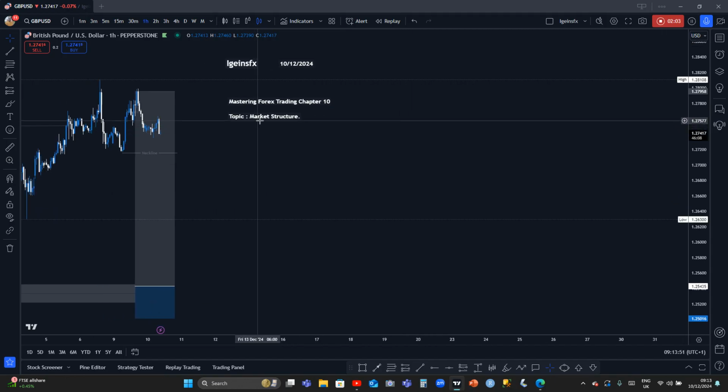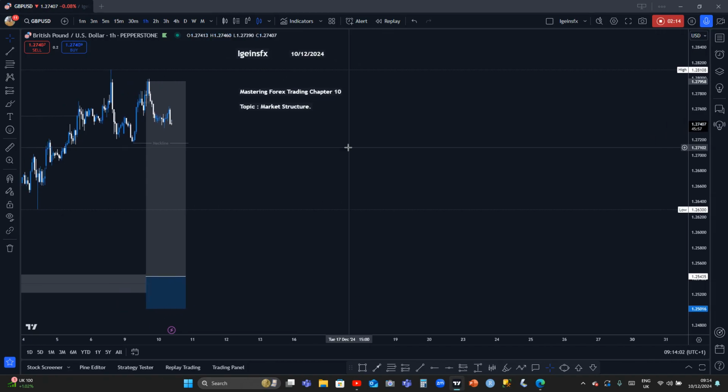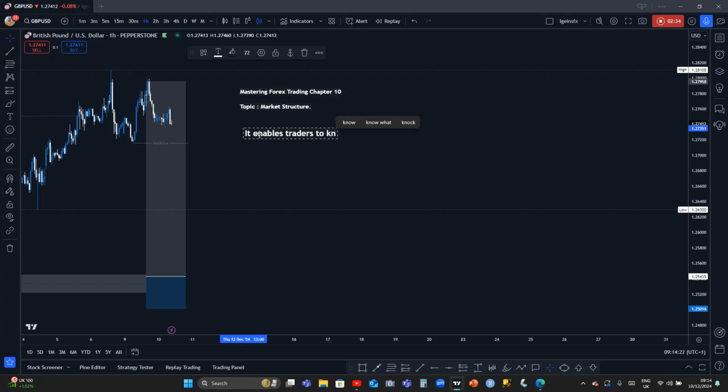So now the benefit of market structure. Why do we need market structure? Why do we need to understand market structure? Because number one, it enables traders to know the direction of trend.